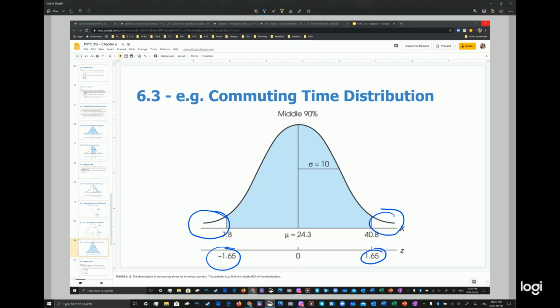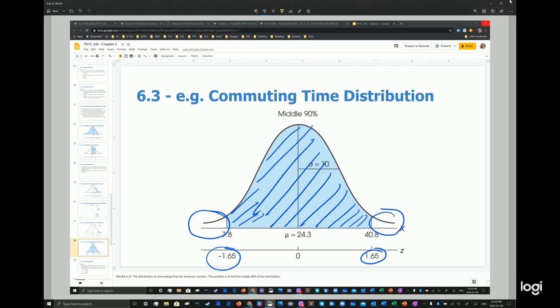So this would be the middle 90% because we are looking at scores between plus and minus 1.65. Again, you can double check this if you want to see if it's 90%, using column D here because we're looking at the middle percentage. So it's between 0 and 1.65.